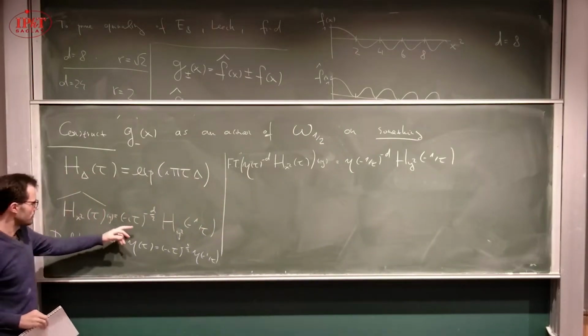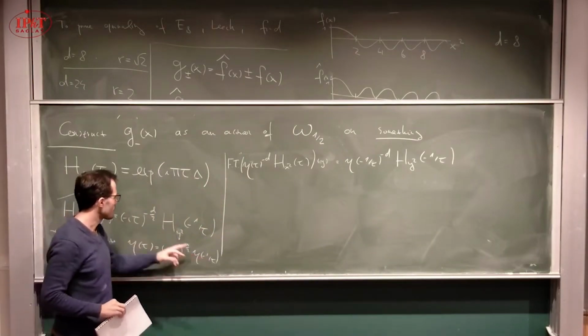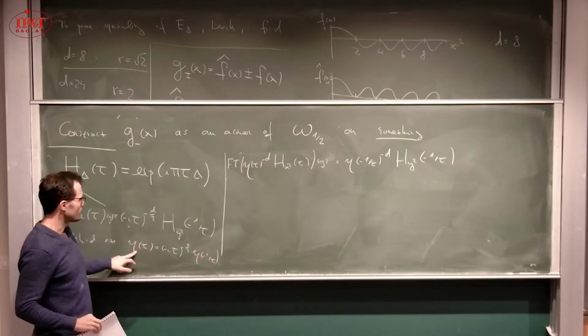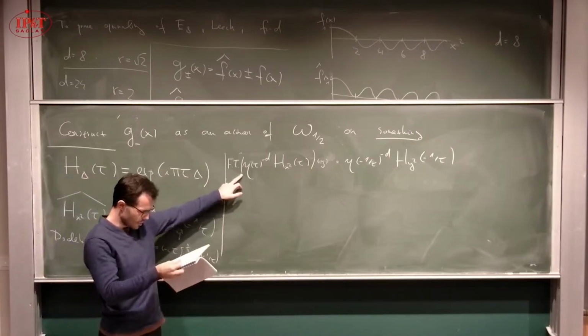That's just a trivial thing to do. You trade this d over 2 for the d star of the eta function.